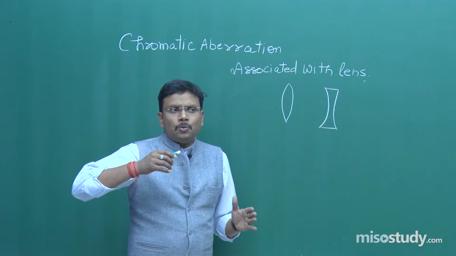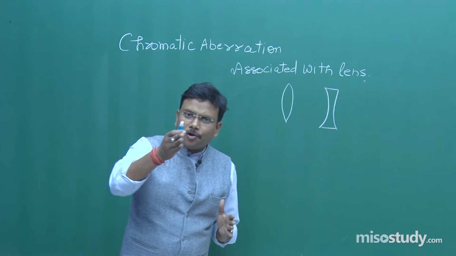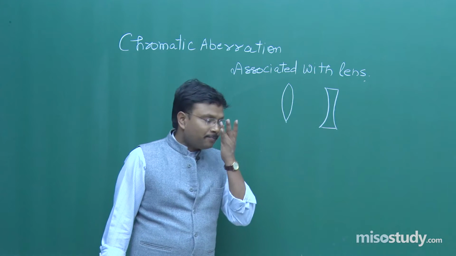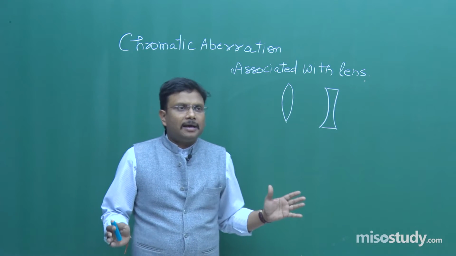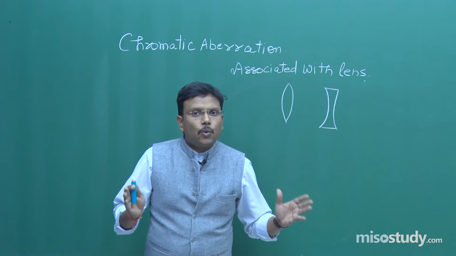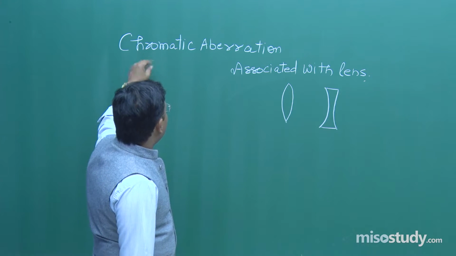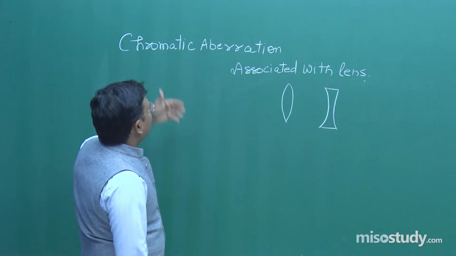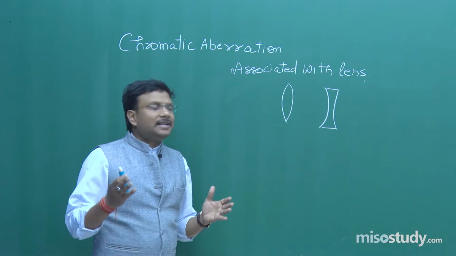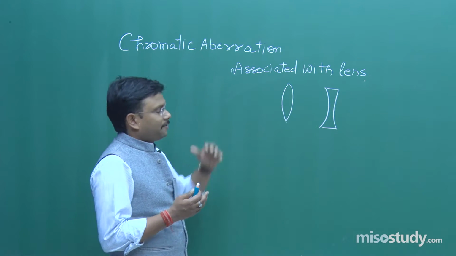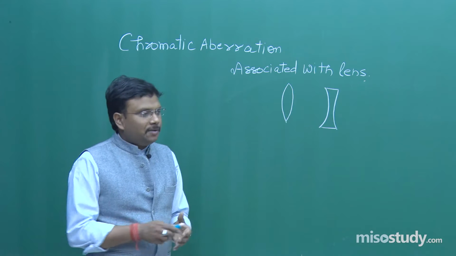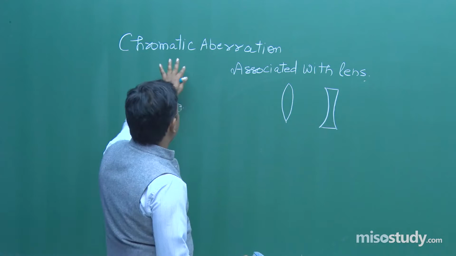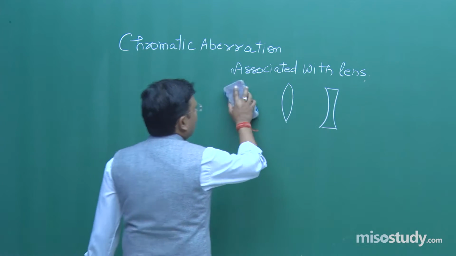That way I am trying to make you go back and take a look at those concepts that I explained under the heading refraction through curved surfaces. Because we are discussing a drawback associated with the lens, and a lens has curved surfaces, just as an illustration I would like to explain a simple situation. Then obviously I will come on to chromatic aberration.